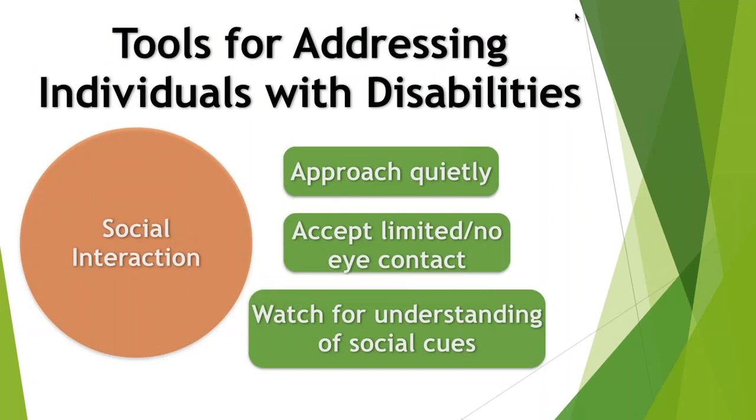So social interaction was the first area that we looked at. And thinking about a difficulty with typical social interactions, we then need to take into account the behaviors that may be exhibited by people with autism spectrum disorder, and then how we respond to those behaviors, those ways of interacting.